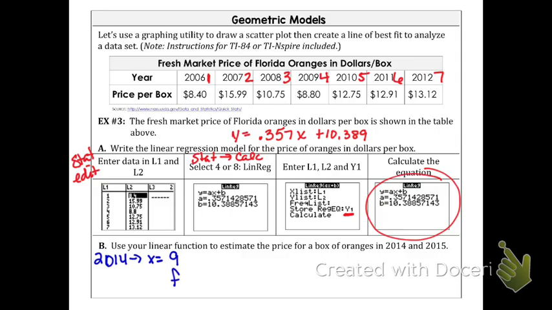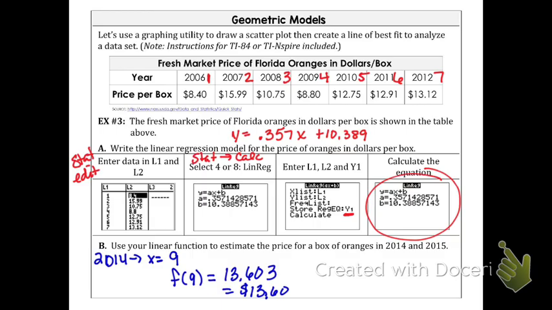All right, so we're going to find f of 9. We can plug it into the equation, or you stored this in your calculator. So go look at your calculator, and it'll tell you 13.603. We're talking money, though, because remember, we're talking about the price of oranges. So it's $13.60.